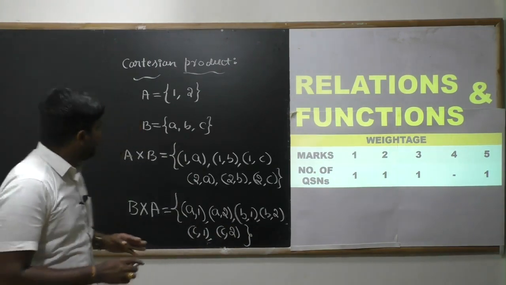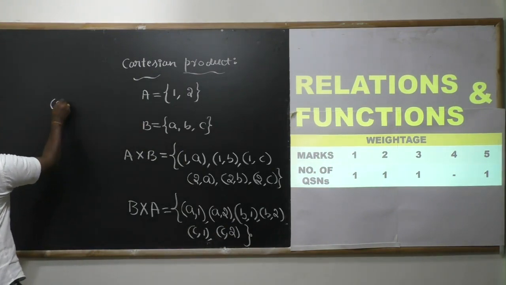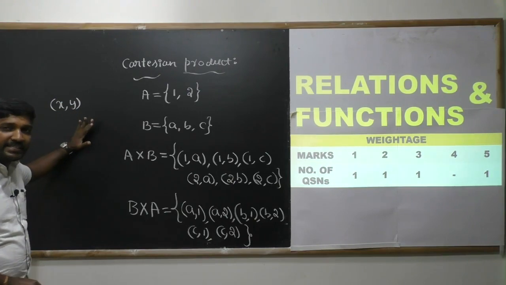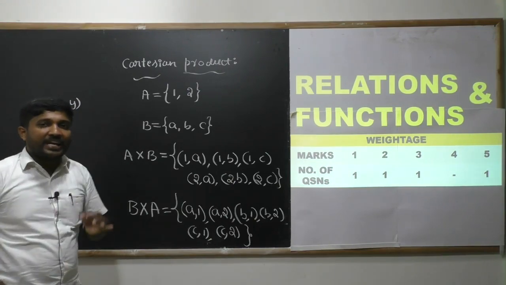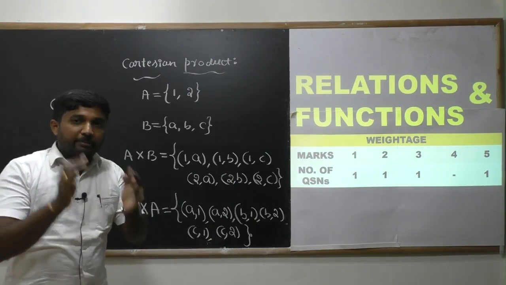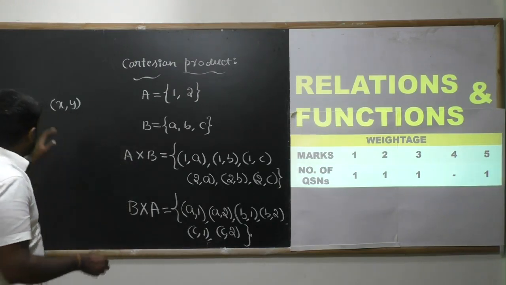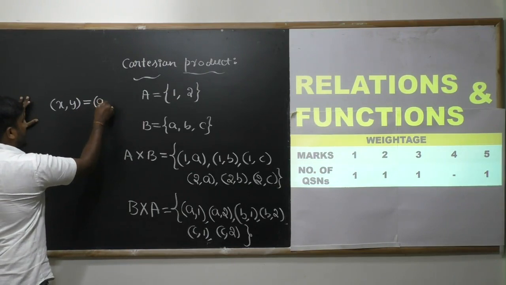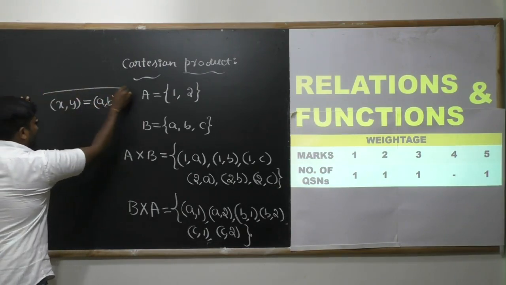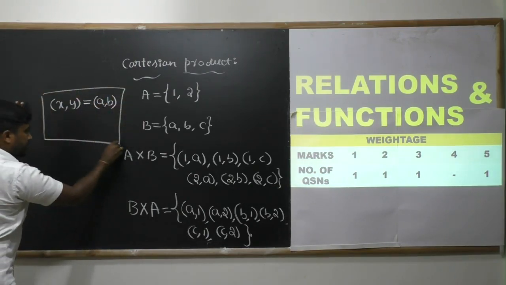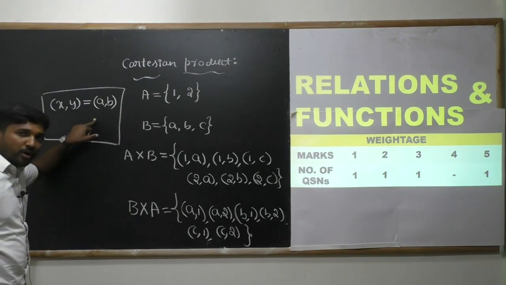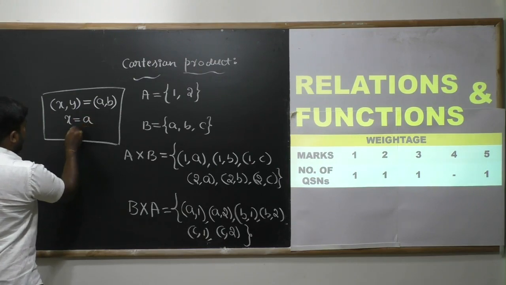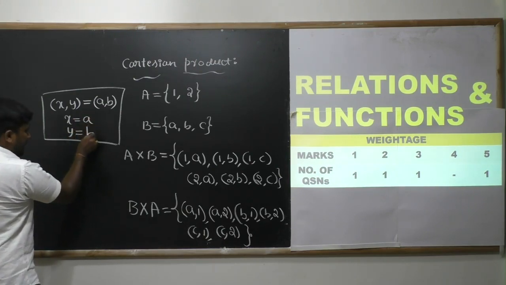Got the new notation? If I write the notation (x, y), how to read this notation? Ordered pair x, y. Here we have one important remark about ordered pairs. Two ordered pairs, ordered pair (x, y) is equal to ordered pair (a, b), when this equality holds, we can compare two ordered pairs only if x is equal to a, y is equal to b.